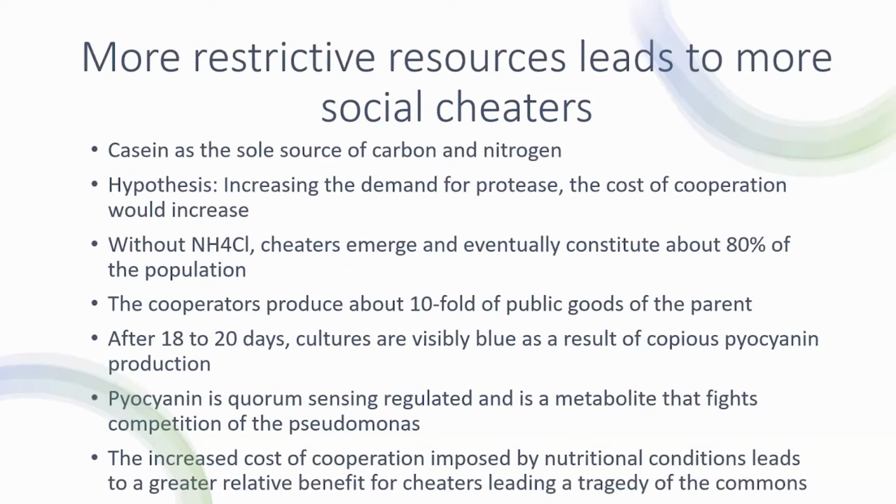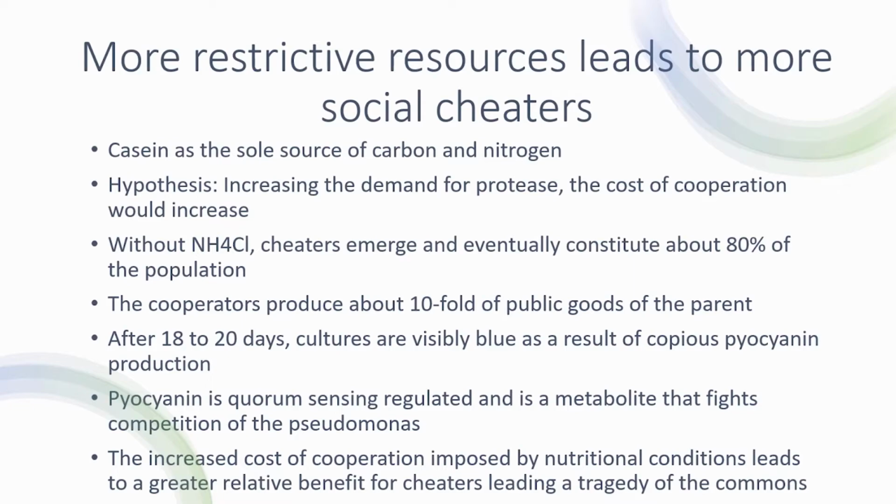And on to our last point, more restrictive resources lead to more social cheaters. So to explore this idea, what the researchers did is that they replaced casein as a sole source of not only carbon, but also nitrogen.